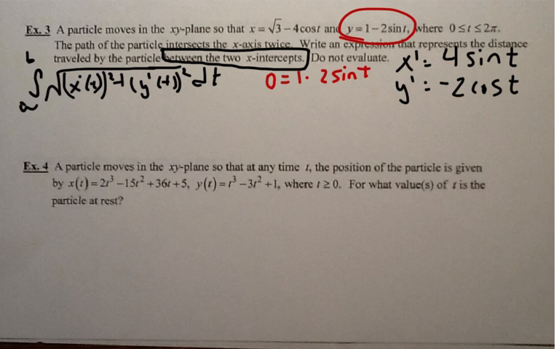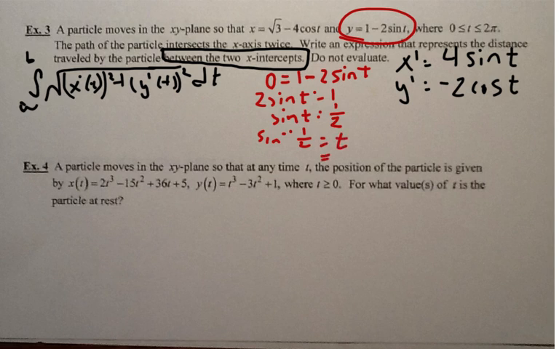So, if I add 2 sine of t to both sides, and divide by 2 on both sides, I get the sine of t is equal to 1/2. The inverse sine of 1/2 would equal time.